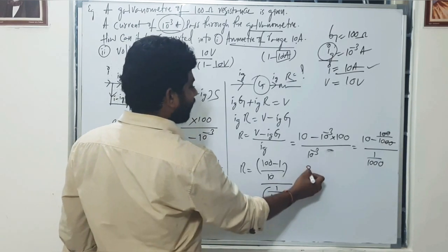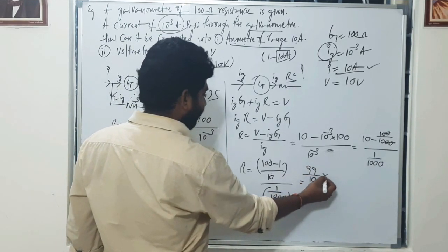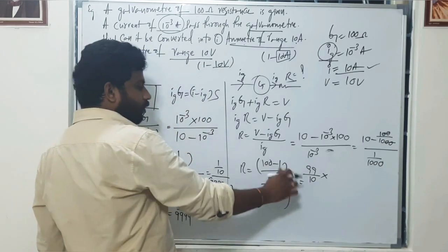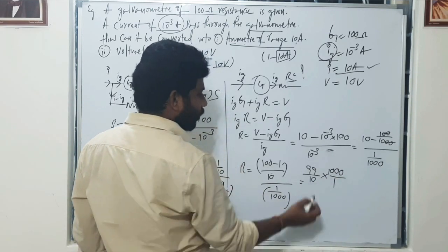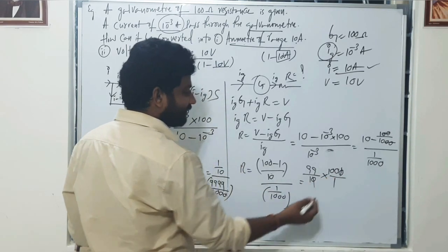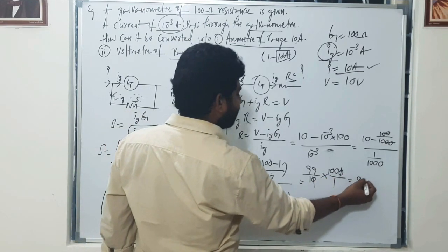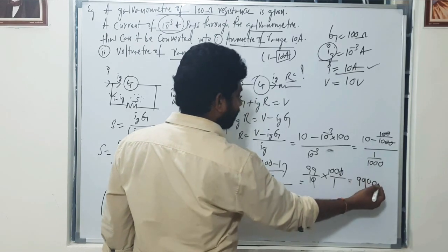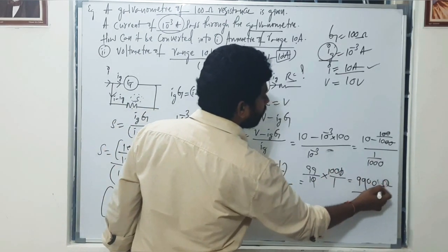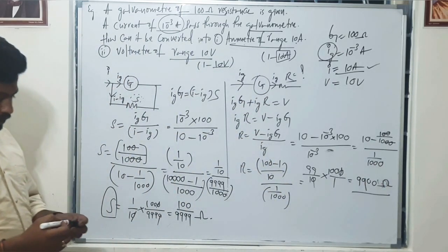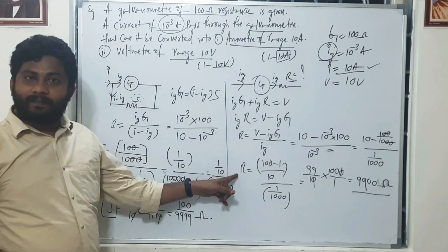So this is 99 by 10, and the denominator goes to the numerator, it will be 1000 divided by 1. A zero gets cancelled. The answer is 9900. Sorry, not volt, 9900 ohm, because this is the resistance.